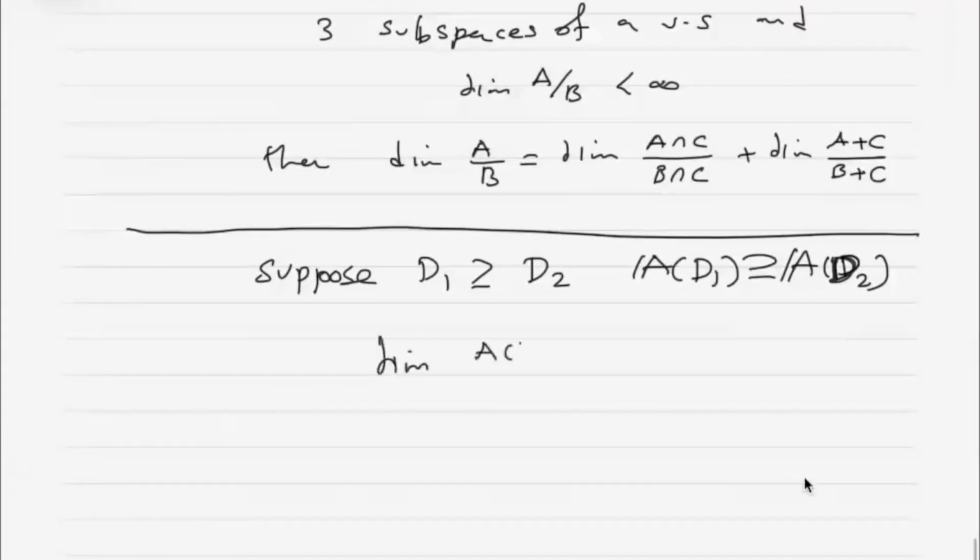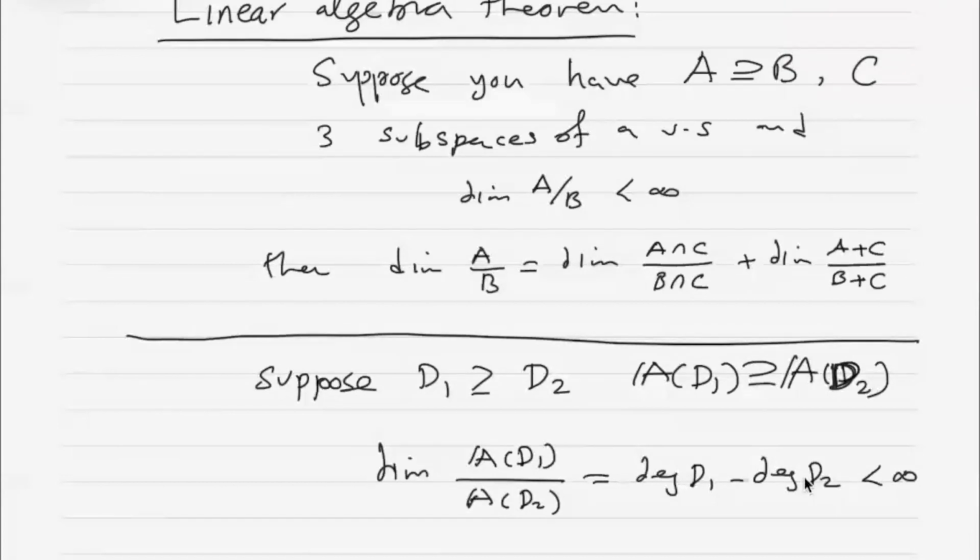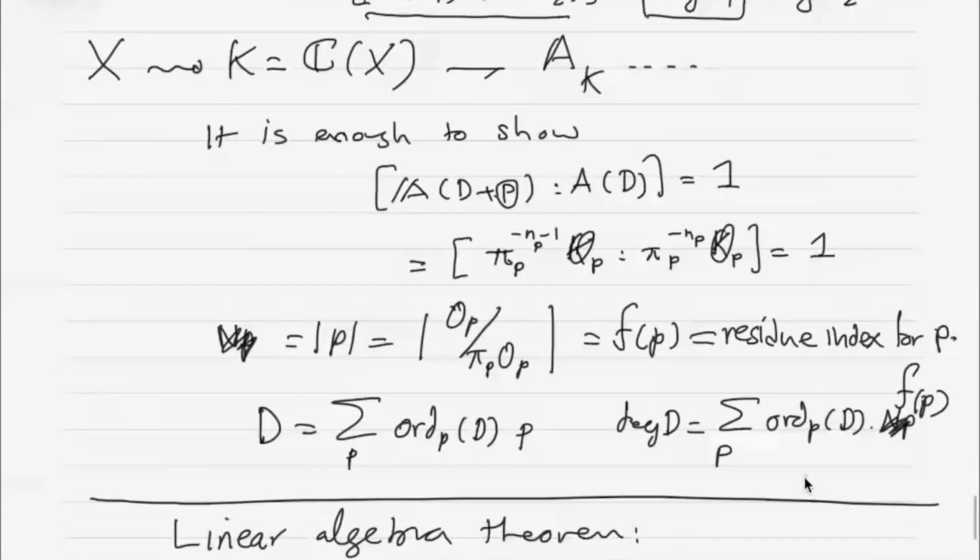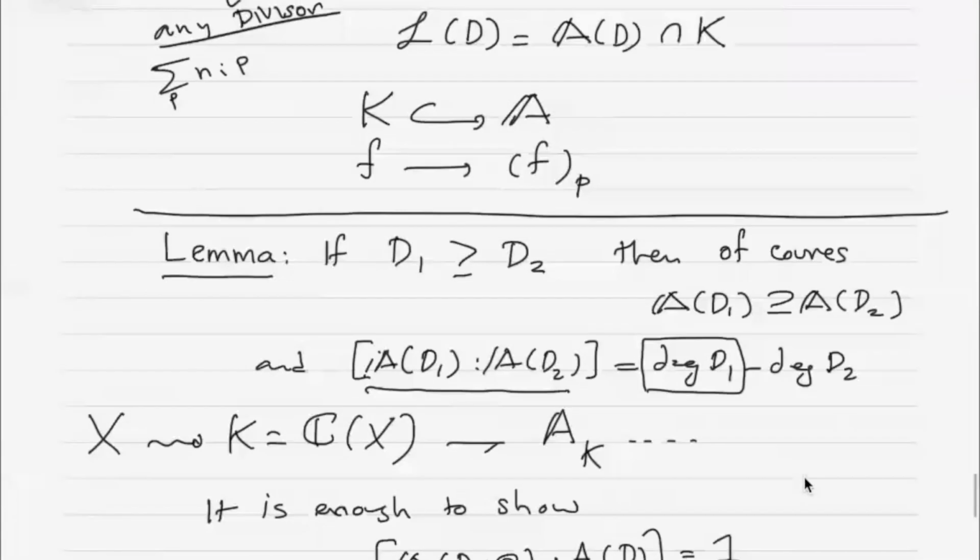The dimension of A of D1 divided by A of D2 is the degree of D1 minus degree of D2, which is finite. And therefore, all the things are ready for me to apply this lemma if I only tell you what I should pick for C. And the thing I want to pick for C is dictated to me by the relation between these A of D and L of D.